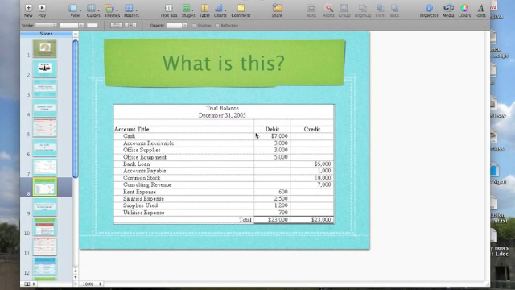Now, what is this? The title probably might have given it away already. It is the trial balance. The trial balance is set up in the form of the fundamental accounting equation: A equals L plus OE, or assets equals liabilities plus owner's equity.